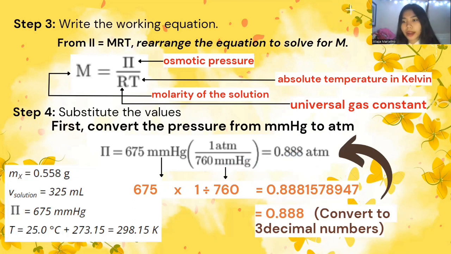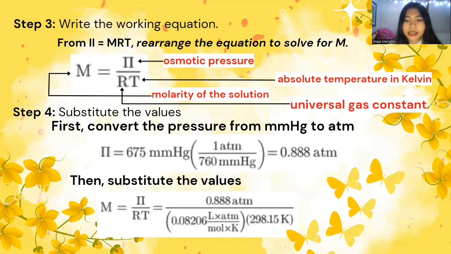Then once na nakuha na natin yung answer sa osmotic pressure, let's substitute the values like this. Dito na pumapasok ang ating equation sa step 3, yung ni-rearrange natin. So, nakuha na natin ang osmotic pressure na 0.888 atm. Lalagay na natin ito sa numerator. Dito.